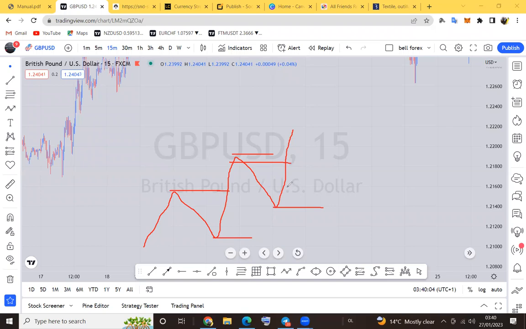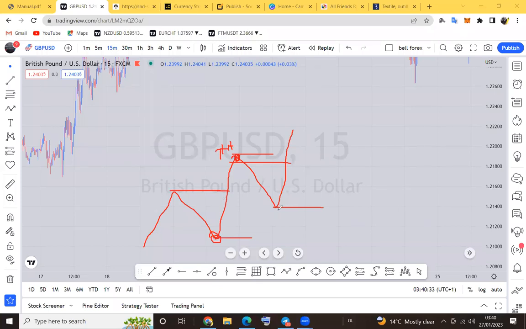A swing is the highest point, highest low, highest high. It means that this higher high here, the lowest point that created this higher high here is this point down here. So this will be the swing low and this will be the swing high, the highest and the lowest point.